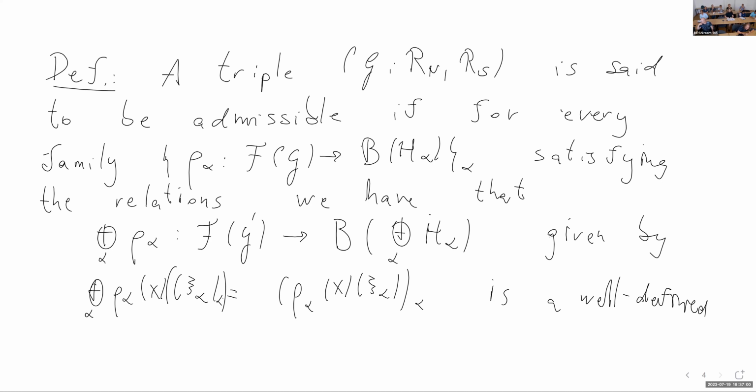But the idea is that to be admissible, we want that whenever we have a family of representations of these algebras satisfying the relations, the direct sum is a well-defined representation, also satisfying the relations.